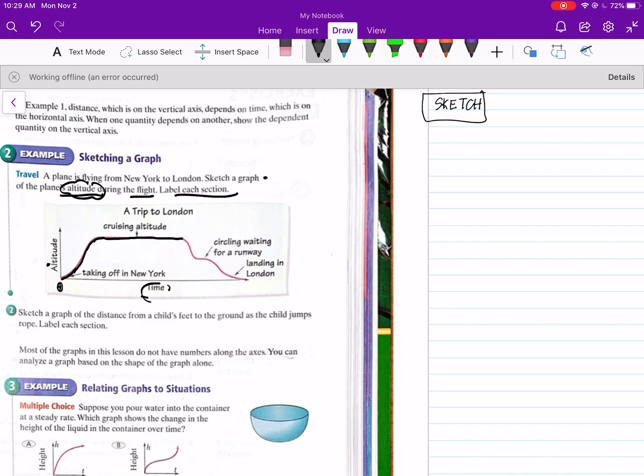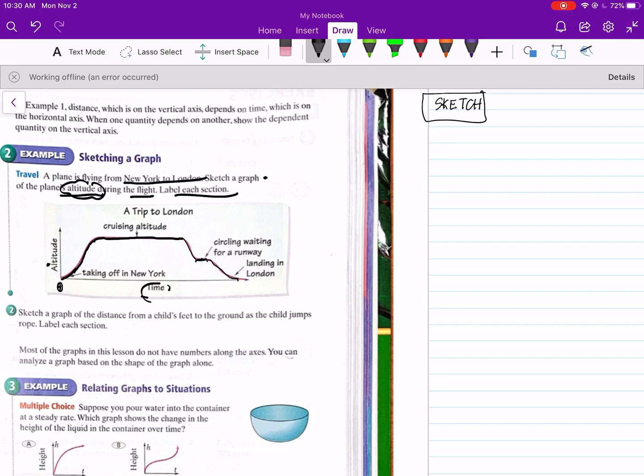And then you can see here, you're kind of losing altitude. And then eventually here you're circling, waiting for a runway, and then eventually you lose all altitude and you actually land the plane. All right, so kind of sketching a graph based on just this sentence.